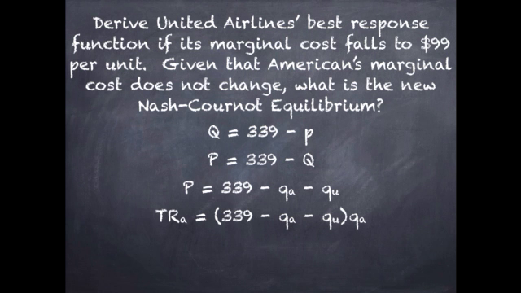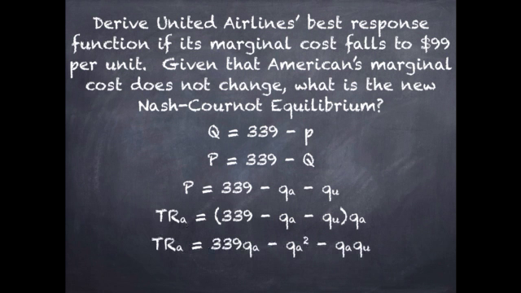In order to find total revenue for American Airlines, it would just be the residual demand function multiplied by the quantity of A, because total revenue is equal to price times quantity. We're only interested in total revenue for American Airlines, so it's QA.